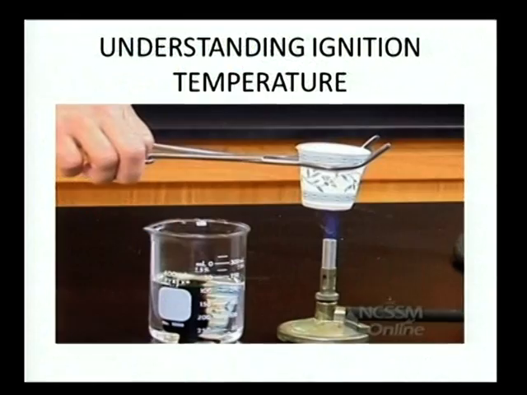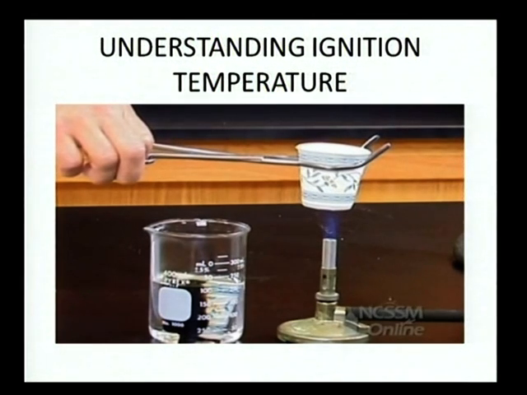Friends, the ignition temperature is different for different objects. See here, in this picture, for example, we take two cups, one cup is empty and another cup is filled with water. When we keep the empty cup on the flame, it will burn very easily because paper is a combustible material.